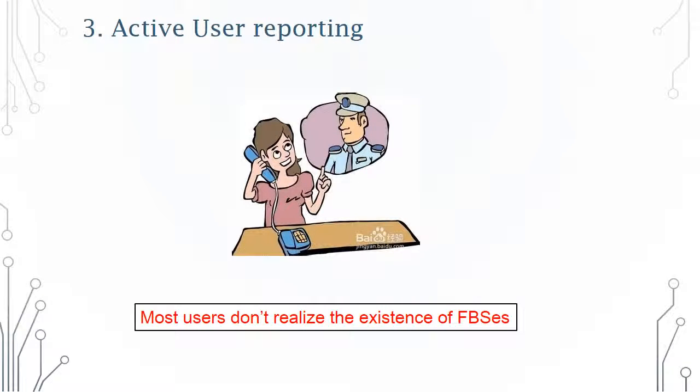Another possible solution is to allow users to actively report the presence of fake base stations, either by their perceived sense of a scam SMS message or by fluctuating signal on their phones. However, this method is not very effective because most users don't even realize that there exists a fake base station and that they are attached to fake base stations.